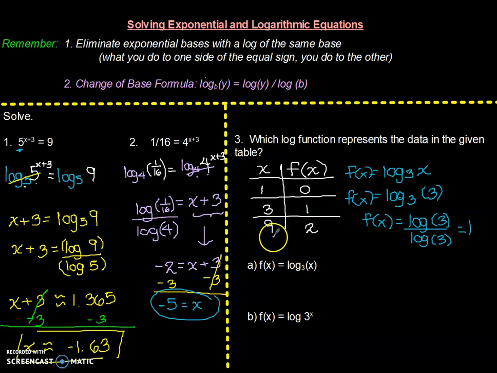If you want to use another value, you can take log base 3 of 9, which would give you log of 9 divided by log of 3. Put that in the calculator, and that should give you 2 when you're done, which it does. So it works, which means this is the answer.